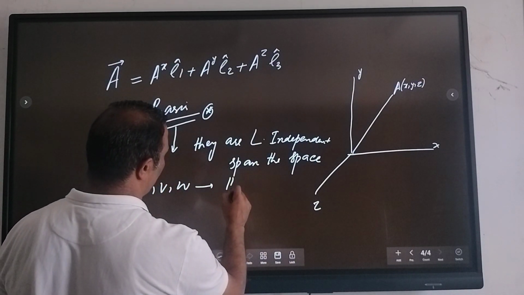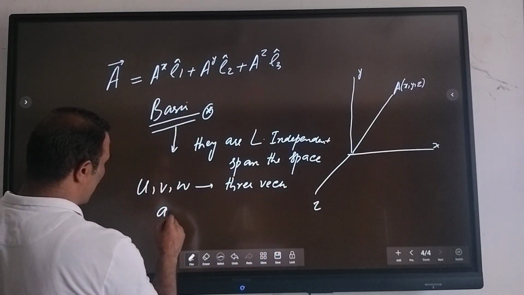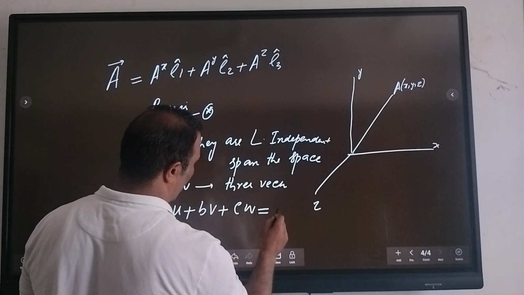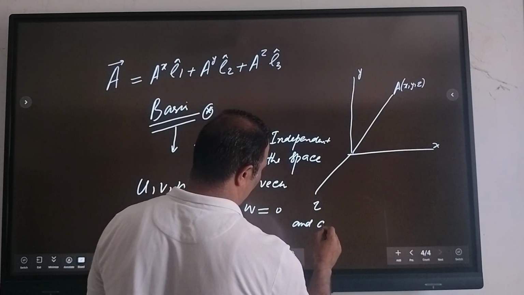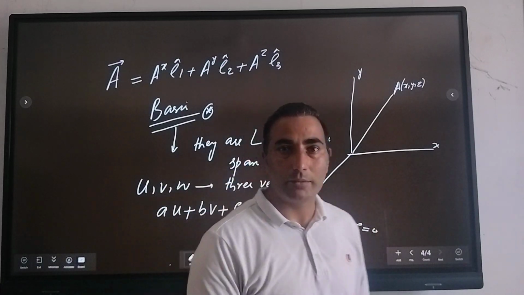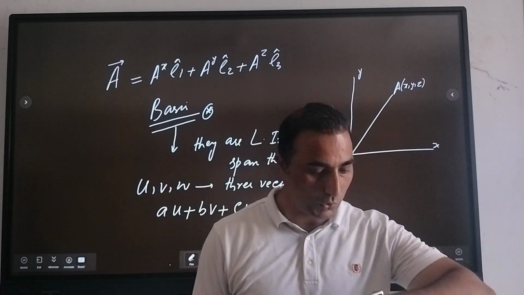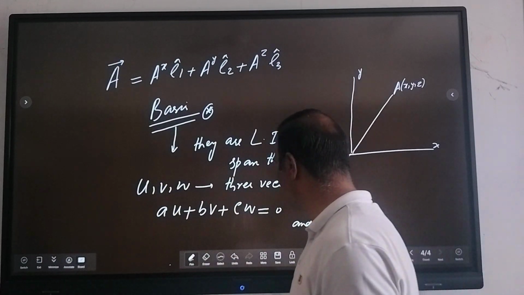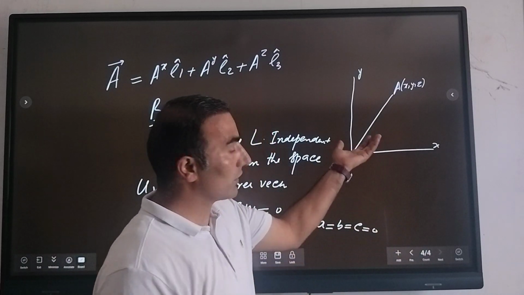If you write a u plus b v plus c w equal to 0, then these vectors u, v and w are called linearly independent, provided that these constants a, b and c should all be equal to 0.